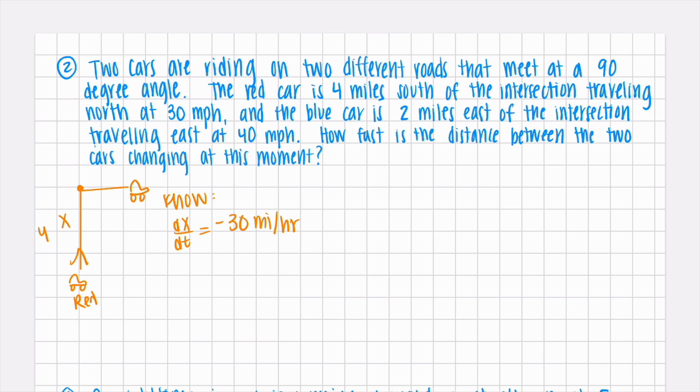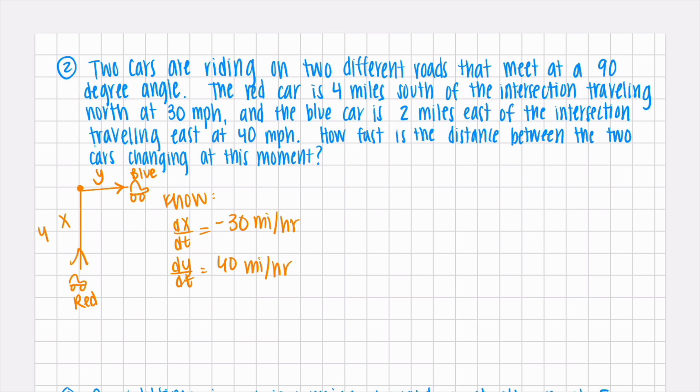I'm just going to say this is red and this is blue. 2 miles east of the intersection, traveling east 40 miles per hour. So the blue car is going this way. I'm going to make this length y. dy/dt. If the blue car is going east, notice that y is increasing. So I'm going to make dy/dt positive 40 miles per hour.